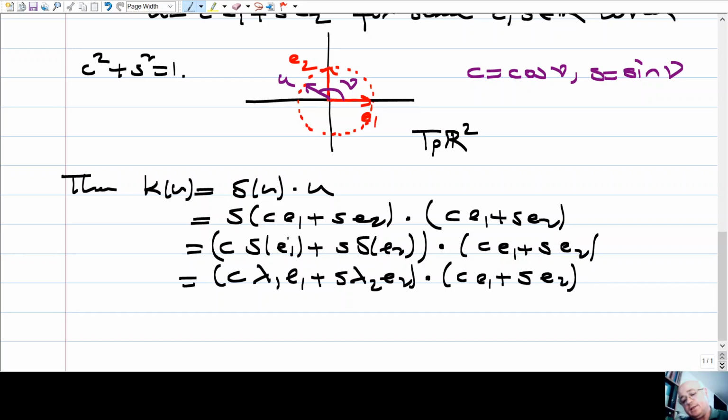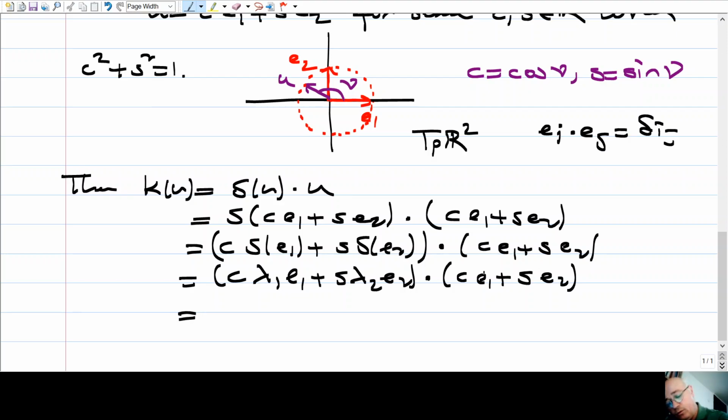And I know that E1, E2 is an orthonormal basis, so Ei dot Ej is the Kronecker delta ij.